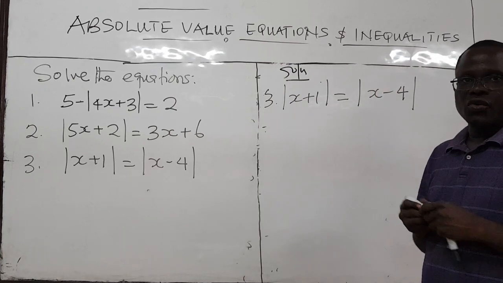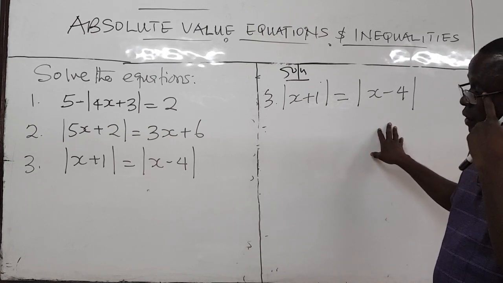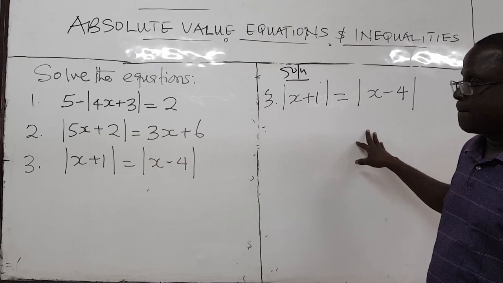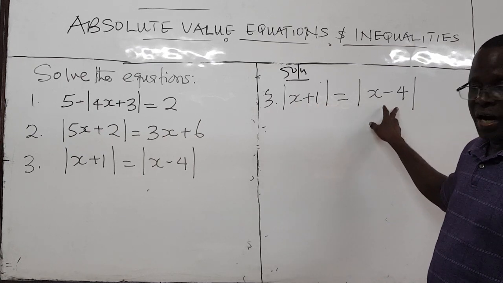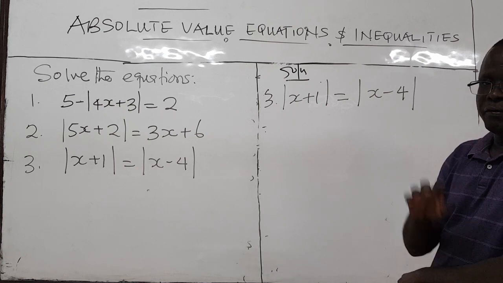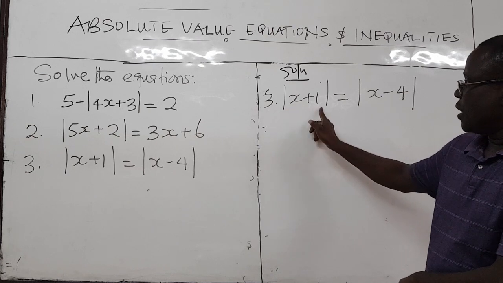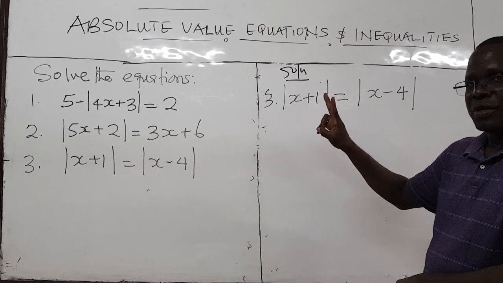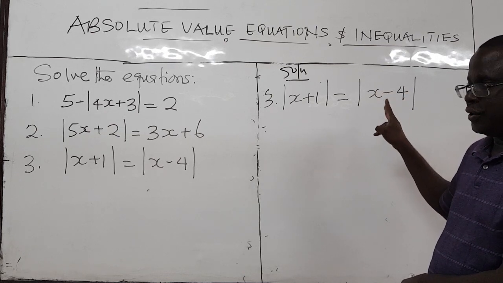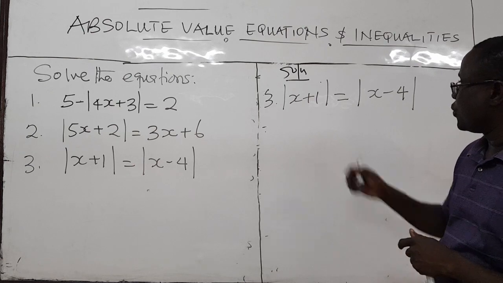So here, because you have absolute value on both sides, you would have to use method 2, where you square both sides. You could use method 1, but you'll be solving 4 linear equations. This absolute value comes with a plus or minus, so that's 2 equations. This one has plus or minus, another 2 equations, that makes it 4 equations. So it's better to use method 2 where you square both sides.